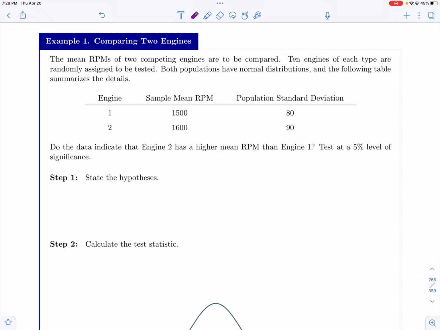So I'm going to think of engine 1 as my mu1 and engine 2 as my mu2, which means that my 1500 is my x bar 1 and my 80 is my sigma sub 1. And then my sample mean 2 is 1600, and my population standard deviation 2 is 90.